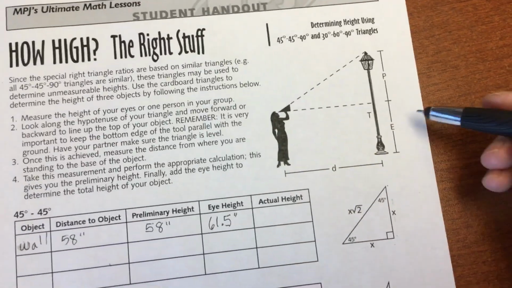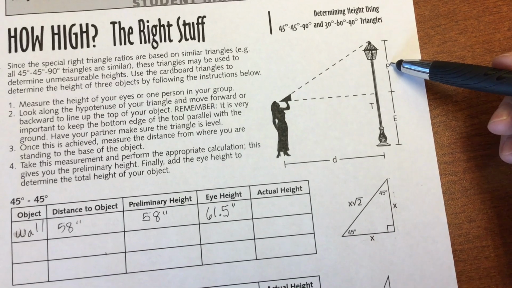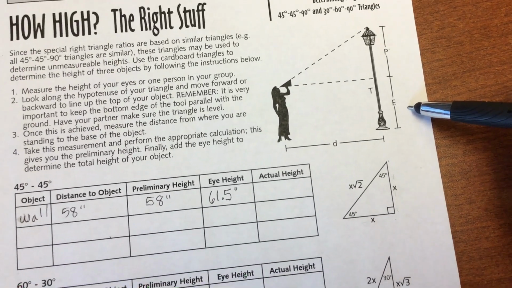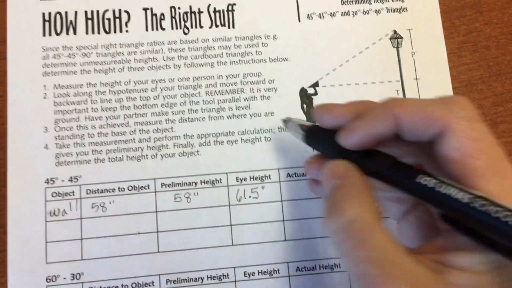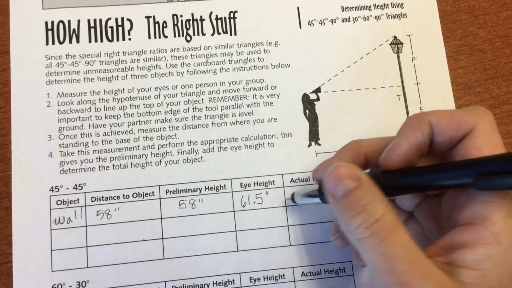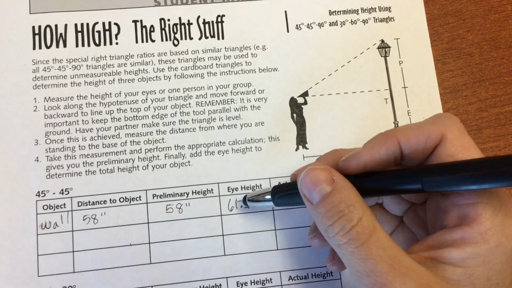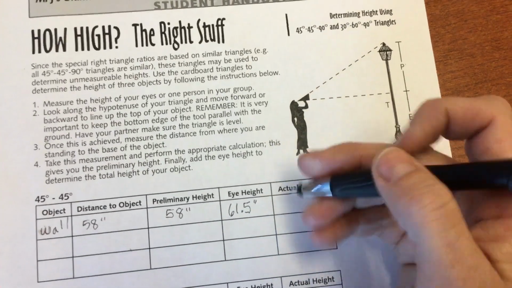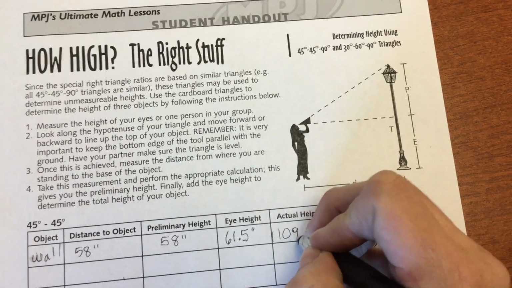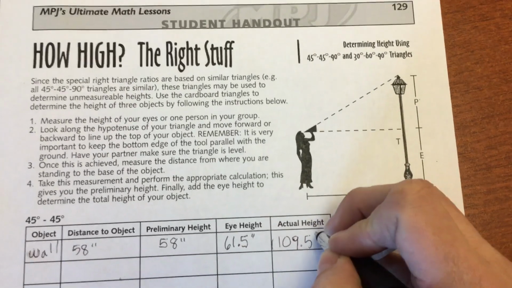Now, if you look at this picture, this diagram, we have the preliminary height, we have the eye height. We have to add those two together to get the actual height. 109.5 inches.